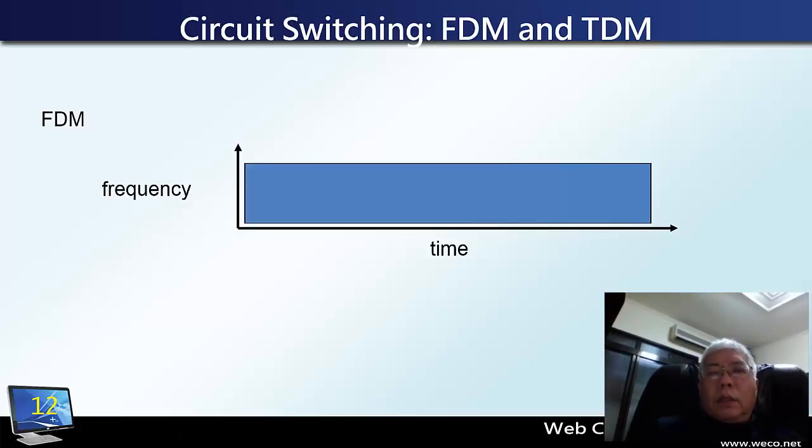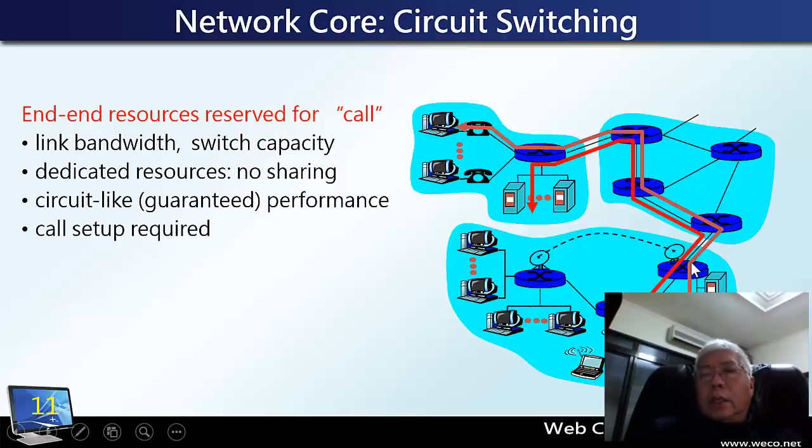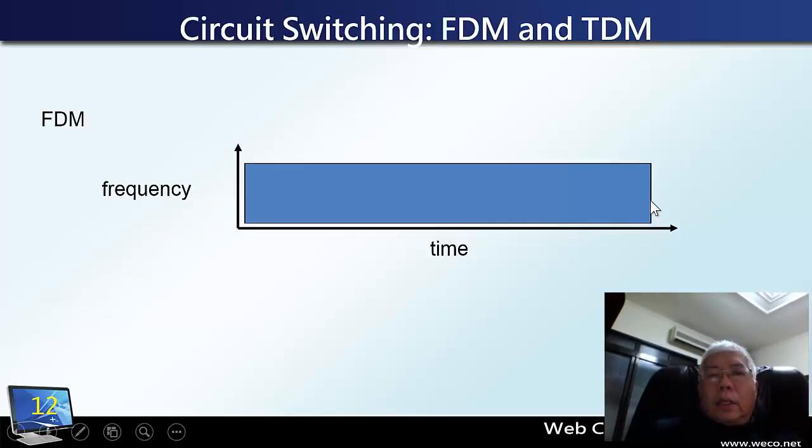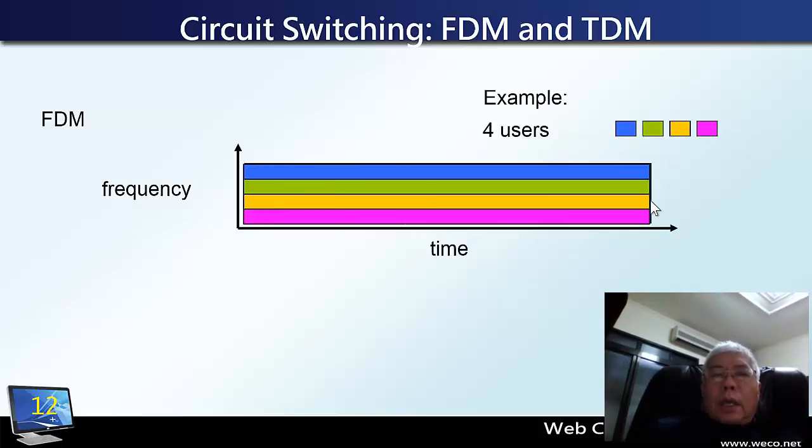If we're talking about how to share one particular link, for example, this link and this link and this link, they are actually shared by multiple circuits. In that case, physically we could have, for example, frequency division multiplexing, which divides by frequency.